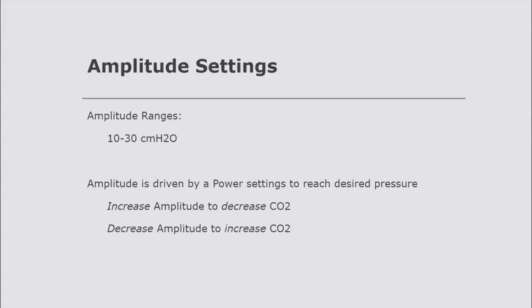So again, think of it as your mini tidal volume. Okay, so I'm not ventilating, so I need to increase my tidal volume. So I would increase my amplitude to blow off more CO2. Vice versa. Okay, I'm blowing off too much CO2. I need to decrease my tidal volume. So that way I would decrease my amplitude.